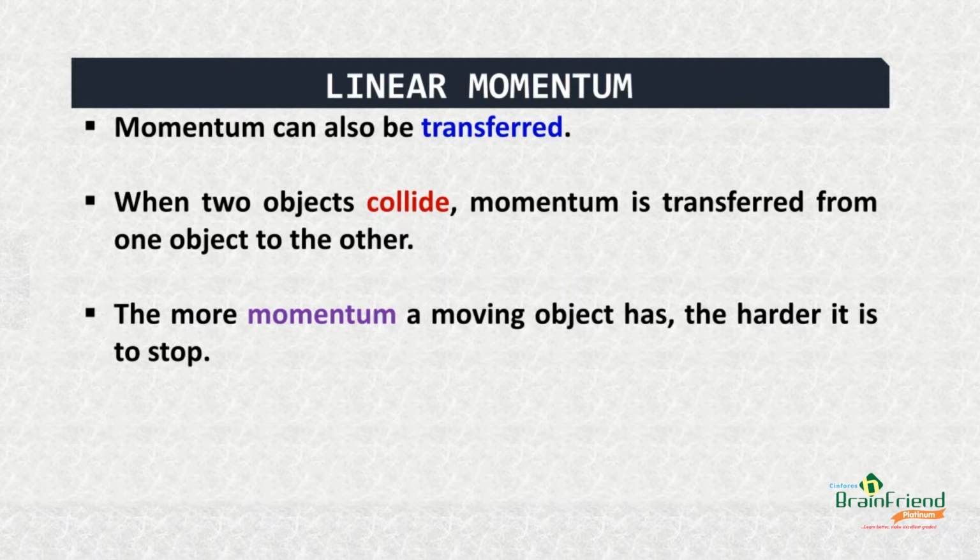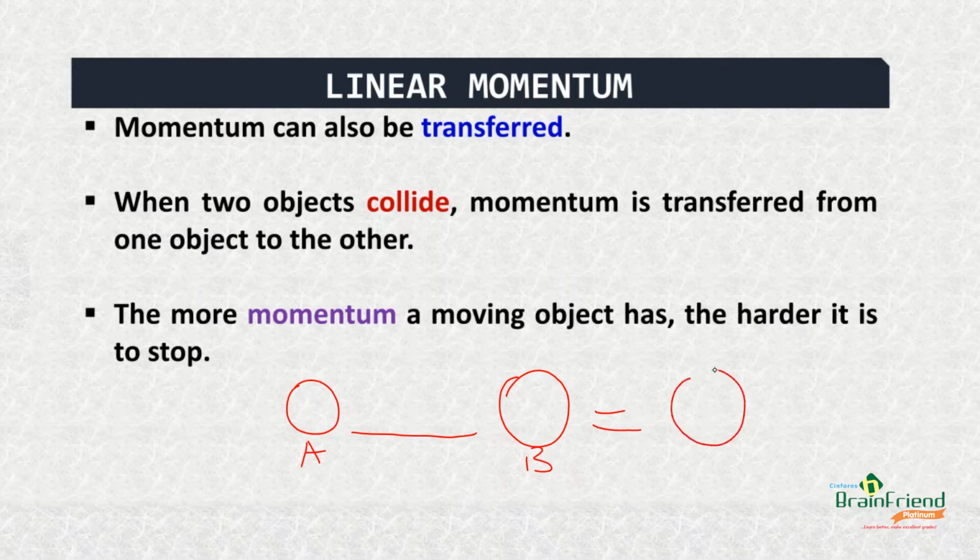Also, momentum can be transferred from one object to another. Let's say, for example, an object A moves in a straight line and collides with another object B. Object A would tend to make object B move in its direction if object A has a larger mass, say 5 kg, and B say 2 kg.